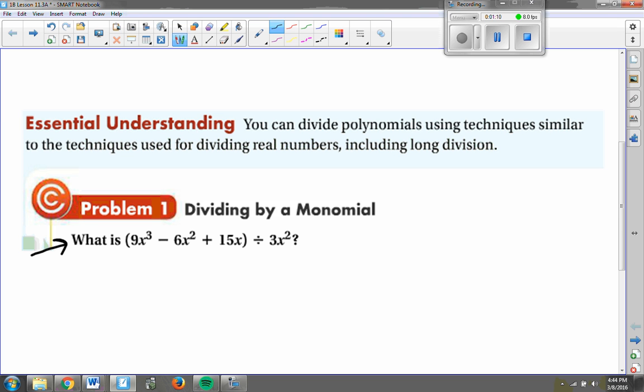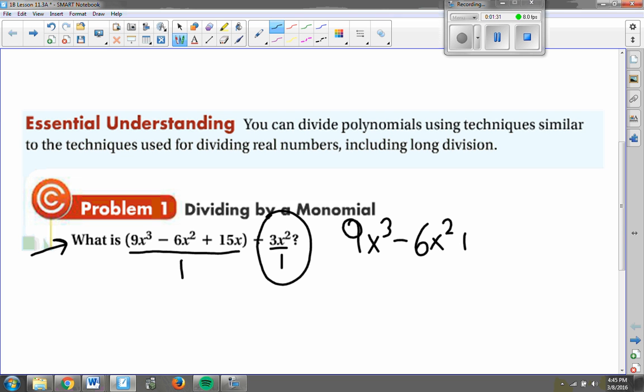Now, as a reminder, if I put both of these over 1 and over 1, I am really multiplying by the reciprocal of this fraction here. So I can change this to be 9x to the third minus 6x squared plus 15x multiplied by 1 over 3x squared. Okay?